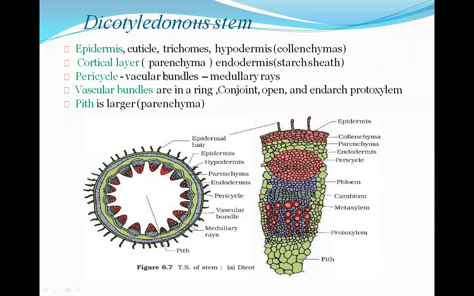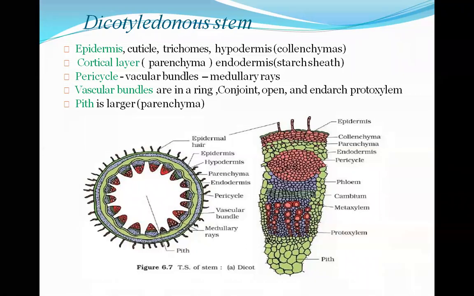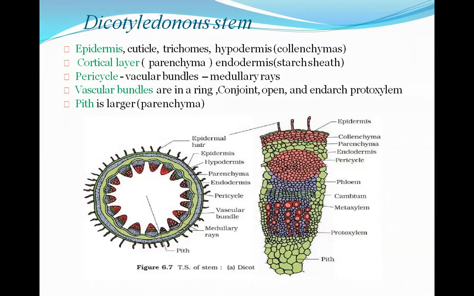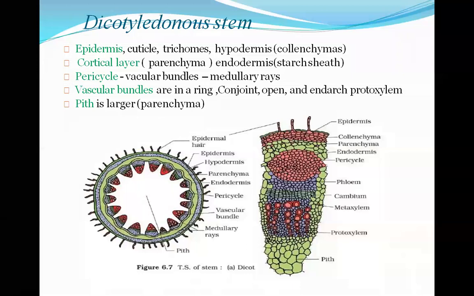The cuticle is a waxy layer present upon the epidermal cells or the epidermis, and it protects the plant body from external shocks and environmental changes.